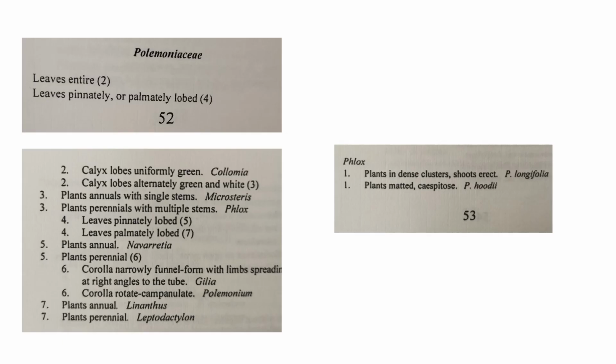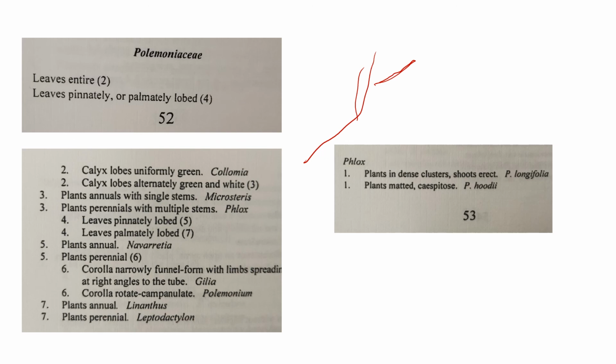Okay, so we're in Polymoniaceae, where we have looked to see if the leaves were entire or pinnate or palmately lobed, and you could see that the leaves were like this on a taller stalk. Okay, so the leaves are entire, and calyx lobes uniformly green.